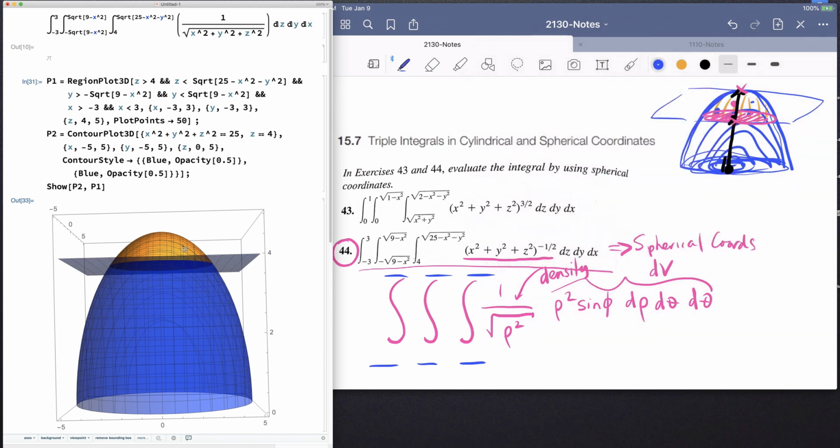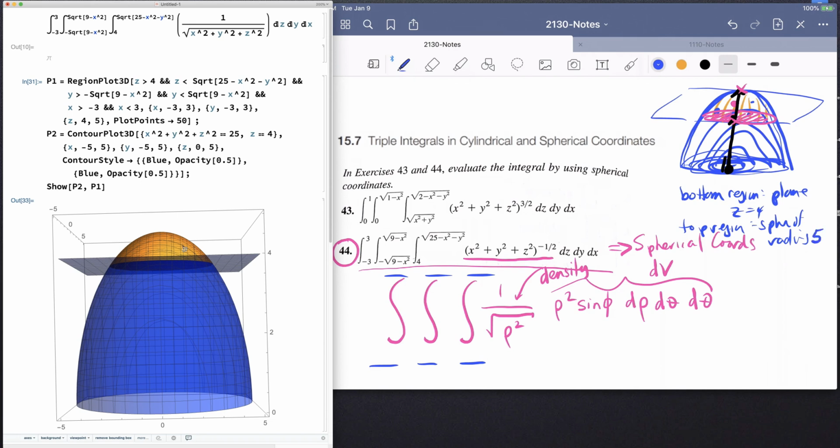The bottom region is the plane z equal to 4. There is a top region, and that is the sphere of radius 5. That is the blue region.